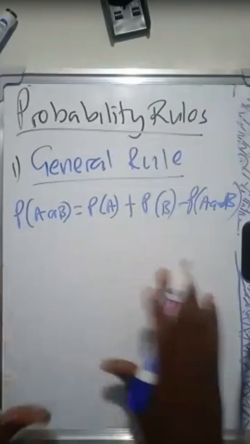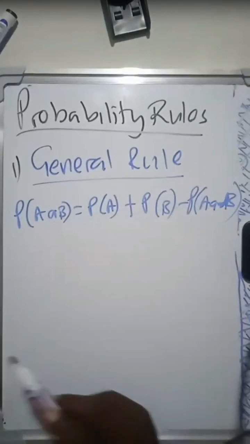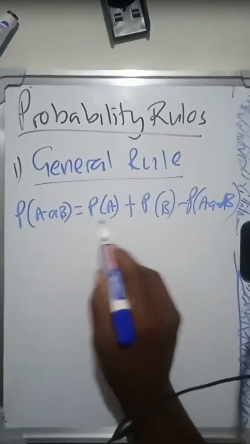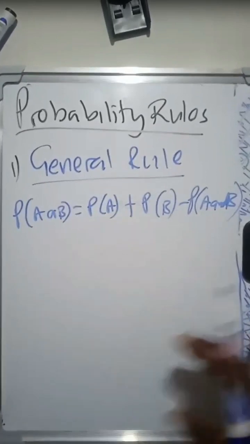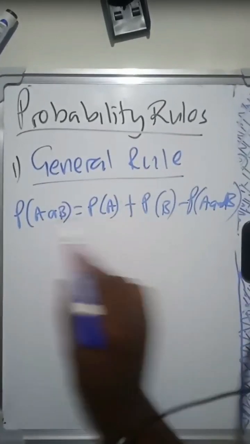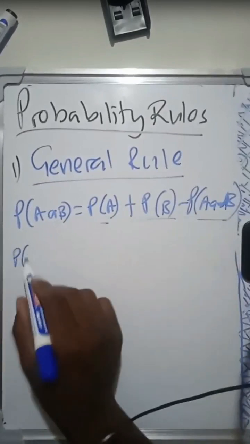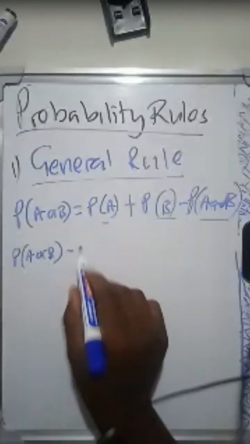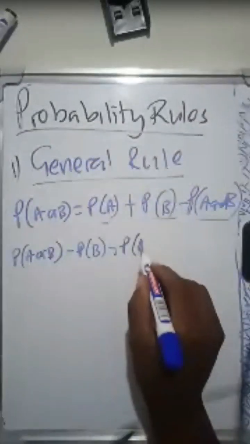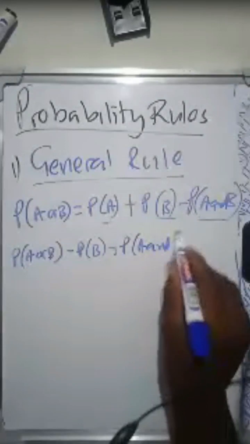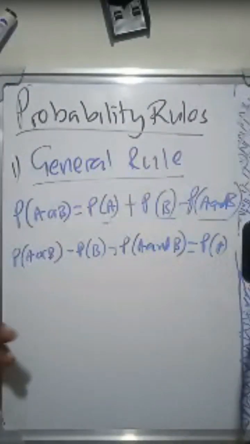So here, guys, you can use this one to calculate any of the four quantities. For example, if you want to calculate probability of A, you make probability of A the subject of the formula. You want this, so it's going to be probability of A or B minus probability of B, if you take this one across, plus probability of A and B, then you get probability of A. So it depends on what you are given.